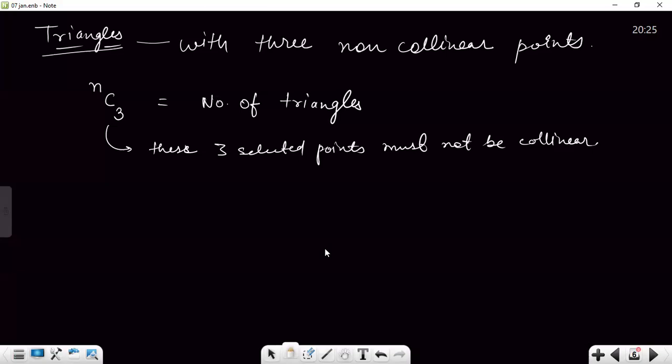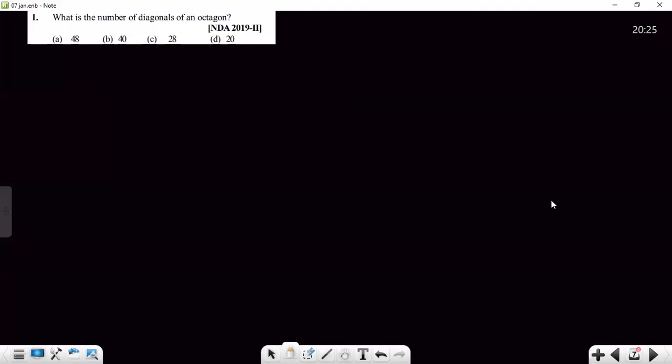Okay. Now we shall move ahead with the question. So this is a given concept that we have already talked about. What is the number of diagonals of an octagon? So what is an octagon?